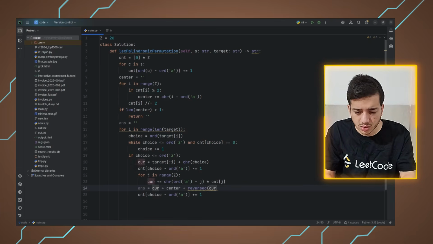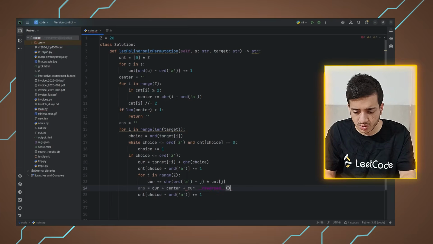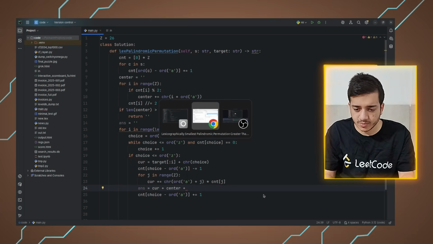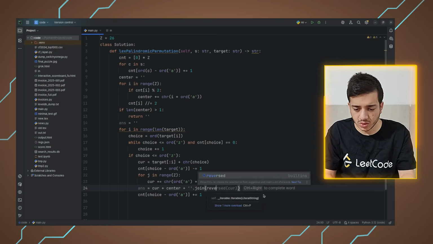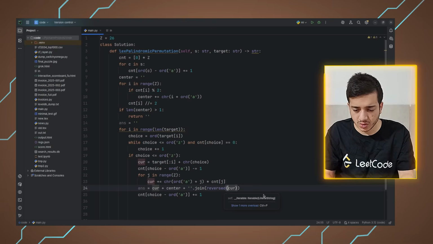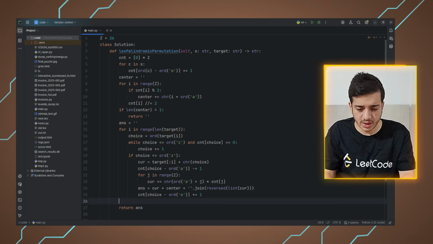Current vector. So I think the best thing to do is to join reverse list of current. Then return ans.